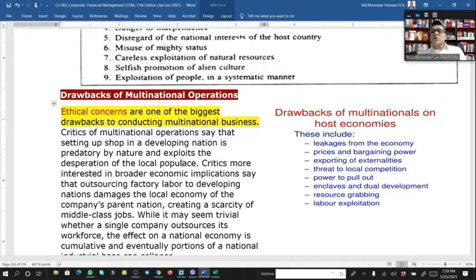And trade of local competition, power to pull out, encouraging dual development, resource grabbing, and labor exploitation. Resource development, for example: if there is any good technical person within this country, they can send that person to their country.